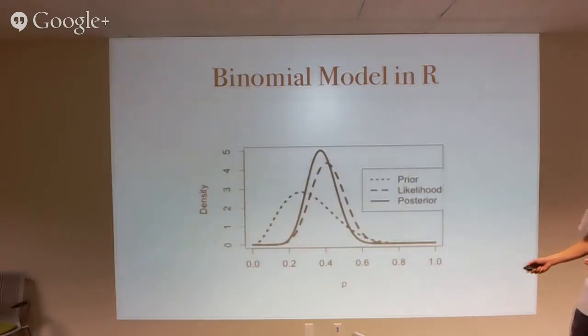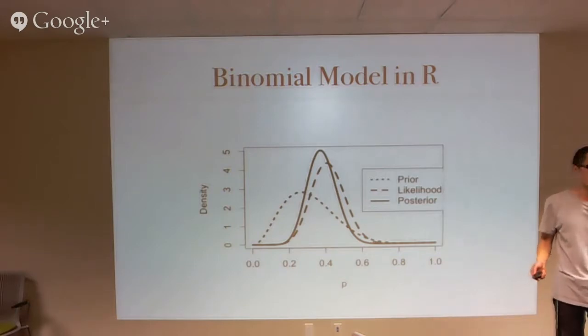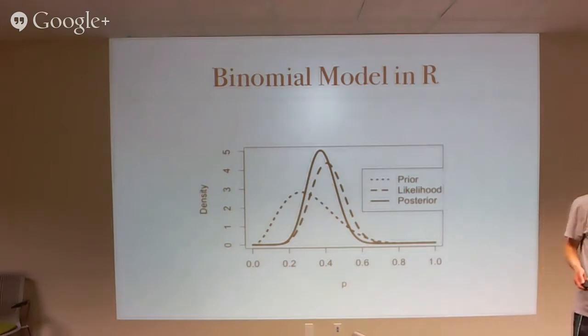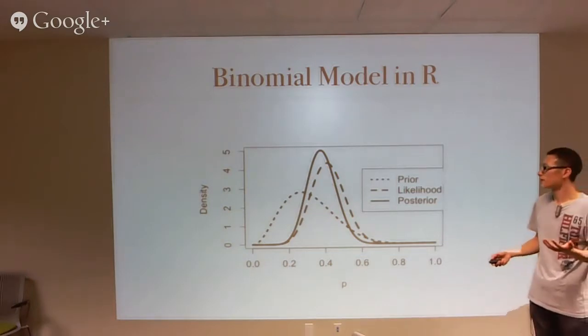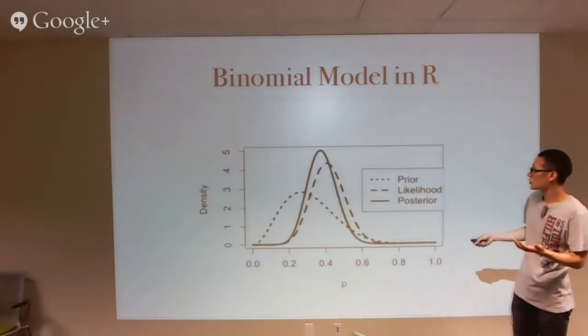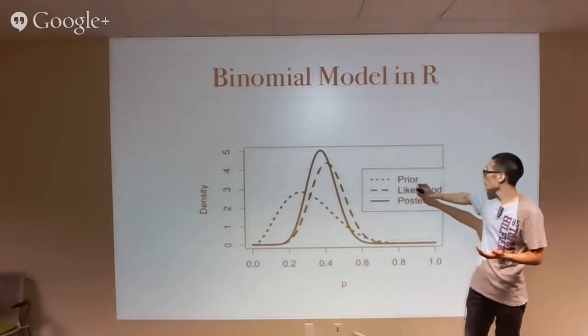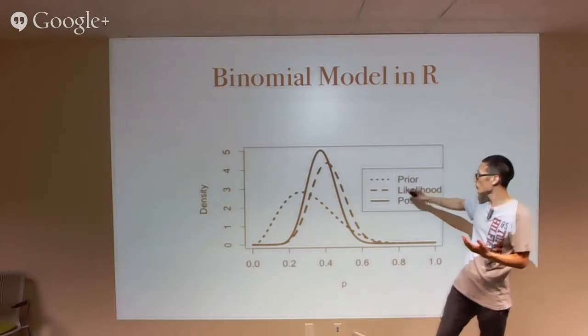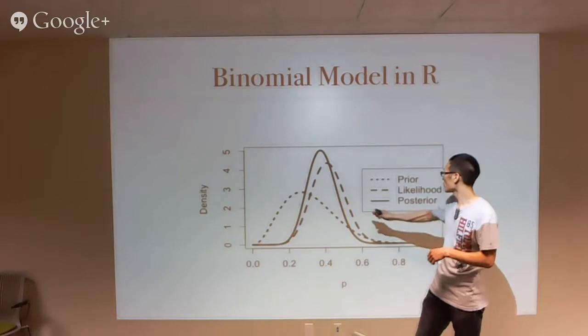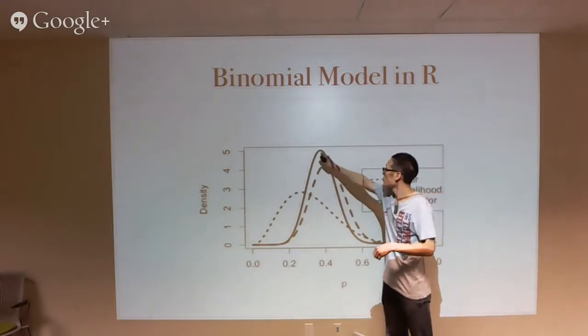If the prior probability is not a uniform distribution but a beta distribution, we can actually get similar results from the Bayesian analysis. So the prior is a beta distribution, this is the likelihood, and this is the posterior distribution.